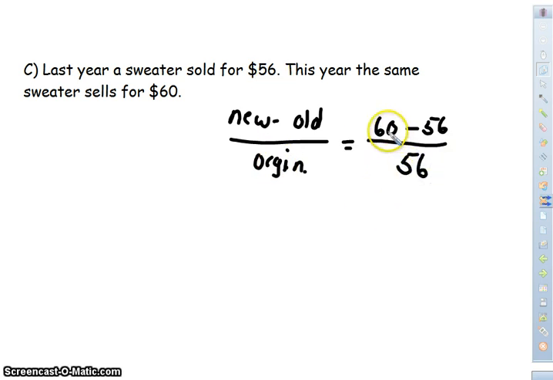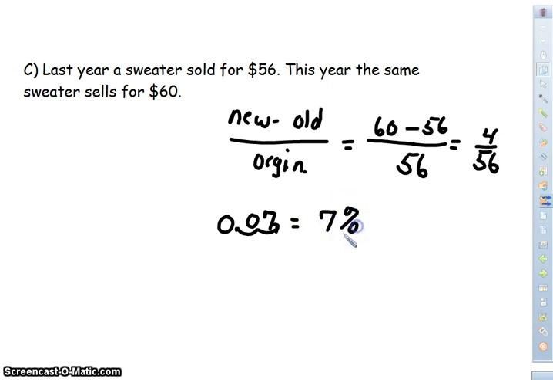So now we're going to subtract, and we get 4 over 56. Now you're going to have to divide that, and you can simply take your calculator and you're going to see that you get 0.07. That is the decimal, and we are trying to find the percent of change. Therefore we're going to make this into a percent, multiply by 100, or move the decimal over to the right 2 times, and we get 7%.